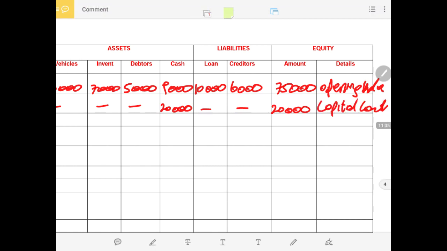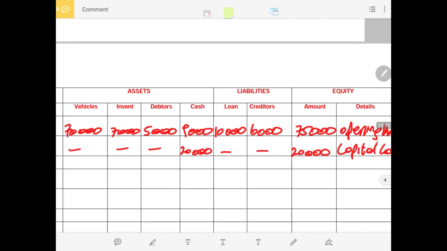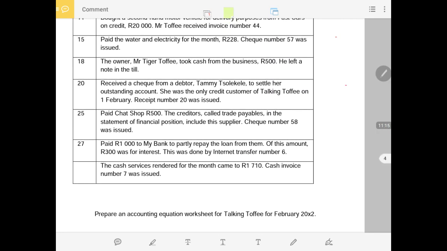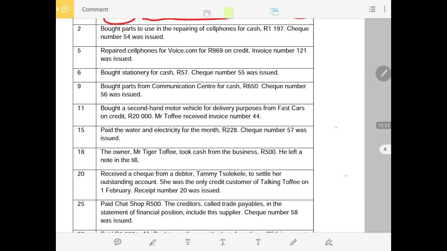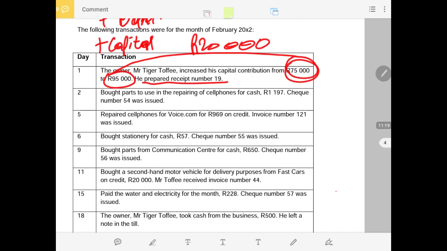In this question, I will not be writing the plus signs, I will only be writing the minus signs, because I am using the mathematical approach that for every number there is an invisible positive number next to it by faith. Now it says bought parts to use in the repairing of cell phones for cash, 1,197. Check number 54 was issued.